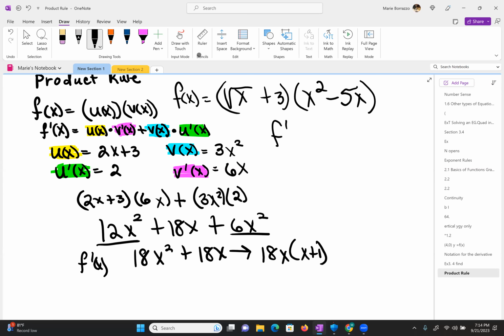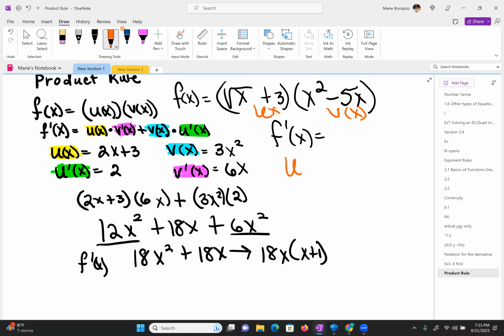I want the first derivative. You would agree that this is u of x, and this is v of x.